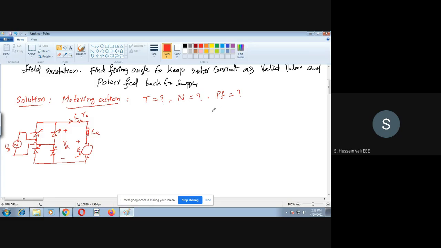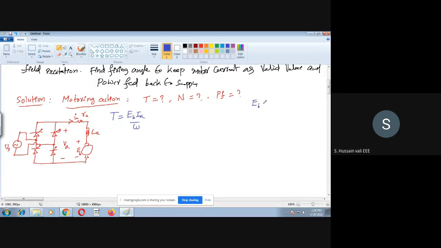Okay, so what are the equations to find the torque? First we will know about these equations. Torque, if you remember, can be written as EB into IA by omega. What is EB here?